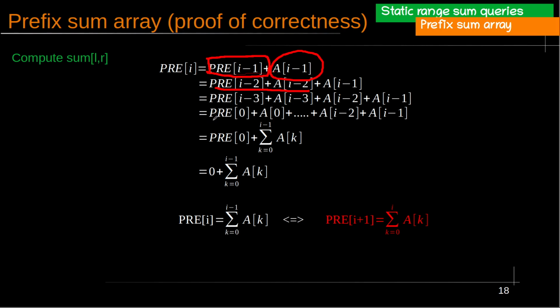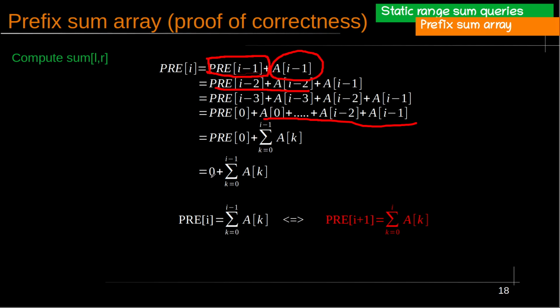We reach this point, prefix at 0, is equal to A at 0 plus ... A at I minus 2 plus A at I minus 1, which is the sum from k equals 0 to I minus 1 of A at k, plus prefix of 0.